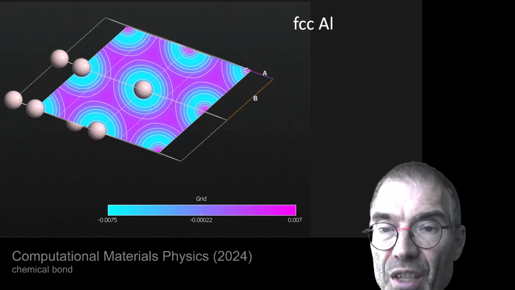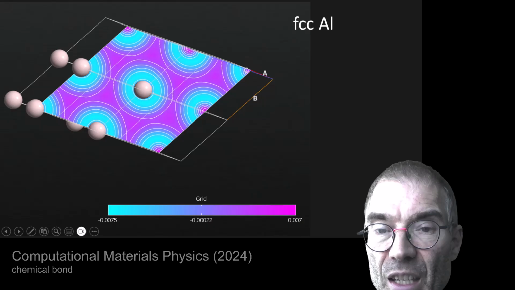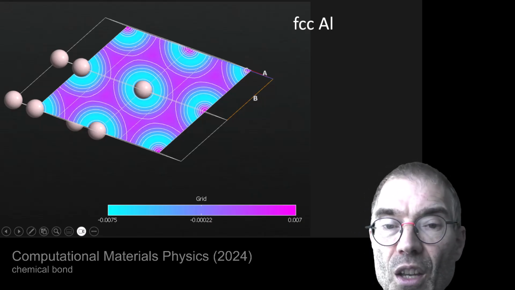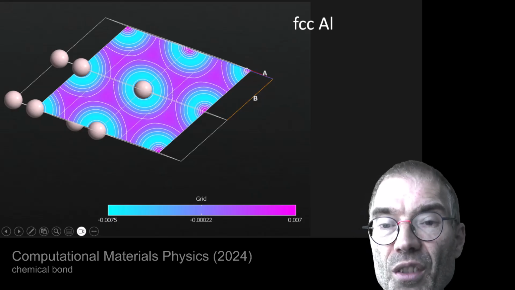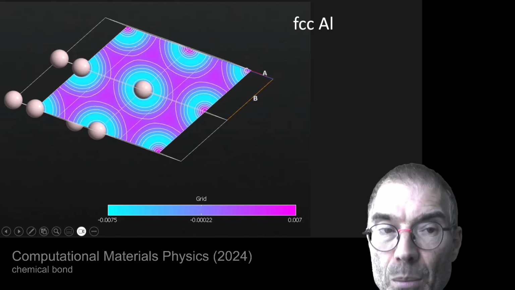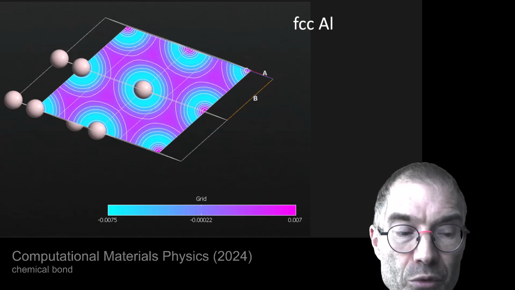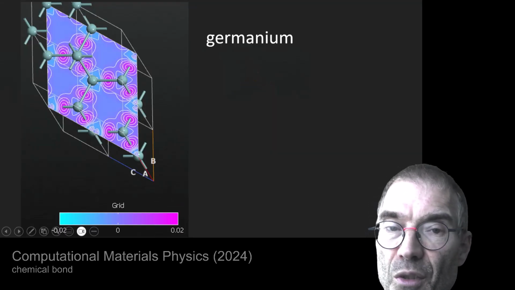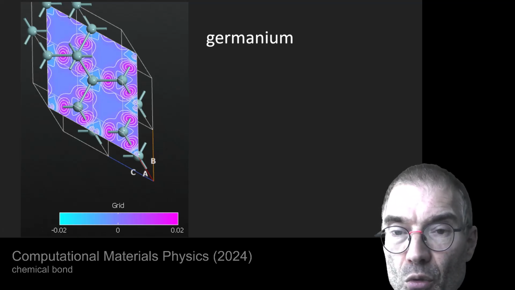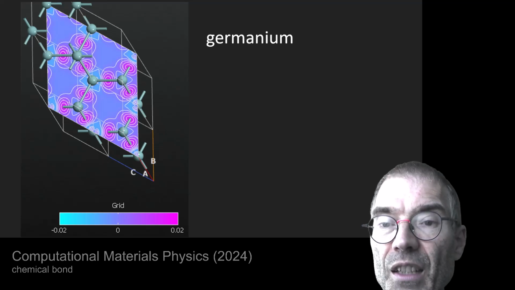And with FCC aluminum, you can see that these magenta regions are rather uniformly spread across the region in between the atoms. And that is typical for a metallic bond. It's very different if you take a crystal like germanium, where we know that this is covalently bonded.